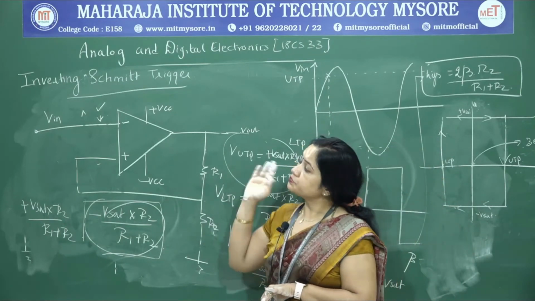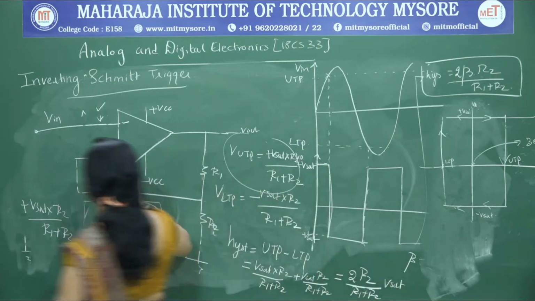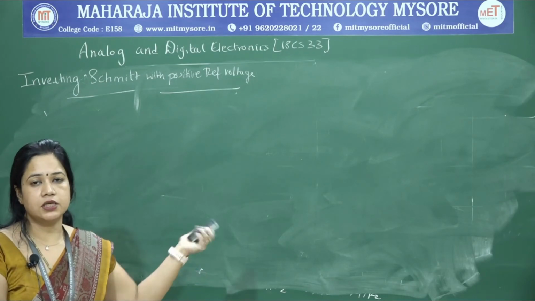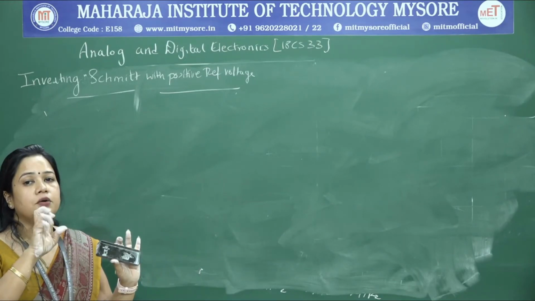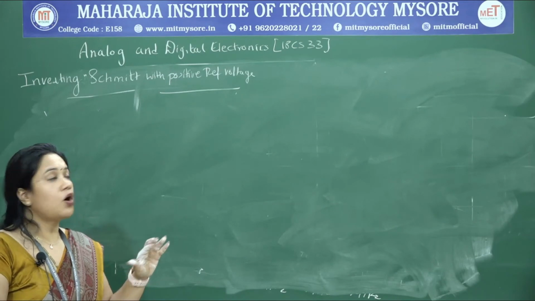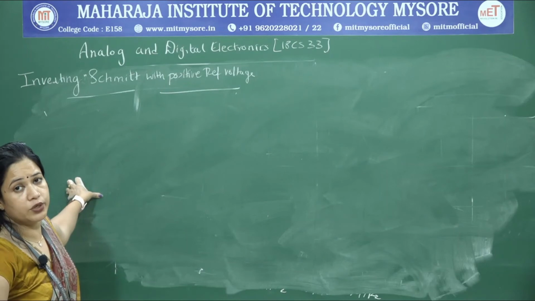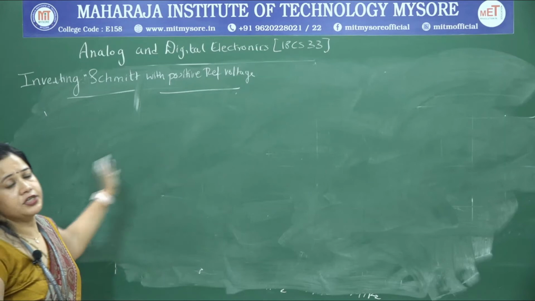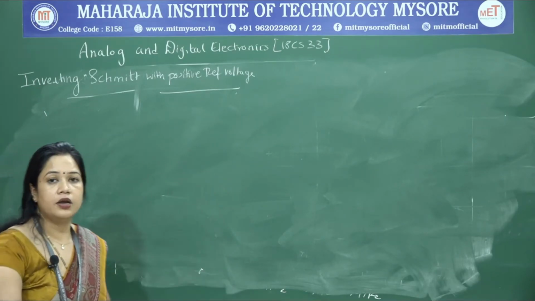So we will take up an inverting Schmitt trigger with a positive reference voltage. In the previous discussion, we noticed that the hysteresis curve is centered around the origin. If you want to shift it either to the left or right, we need to add a reference voltage. We will see what happens when I add a positive reference voltage and whether the hysteresis is shifted to the right or left.